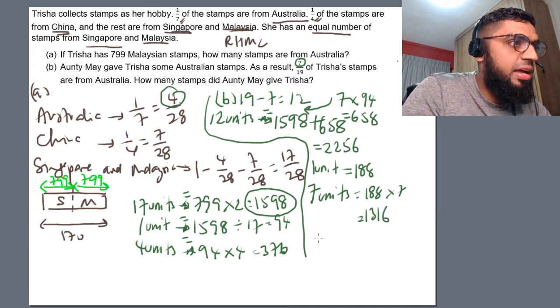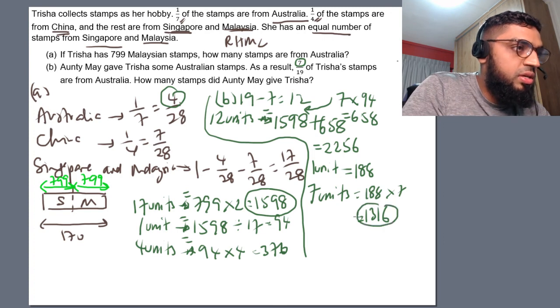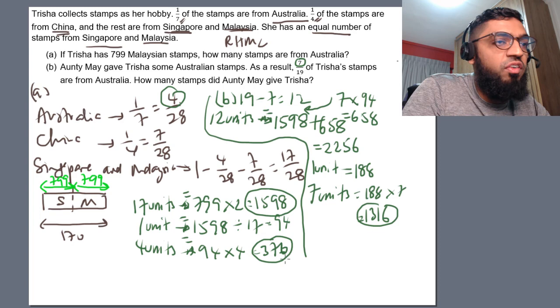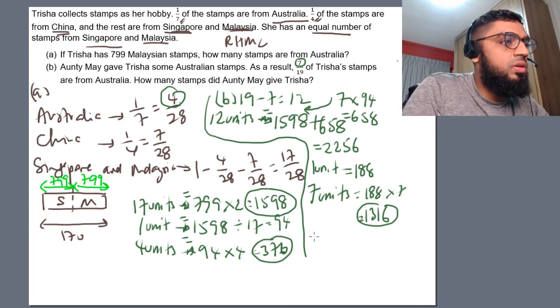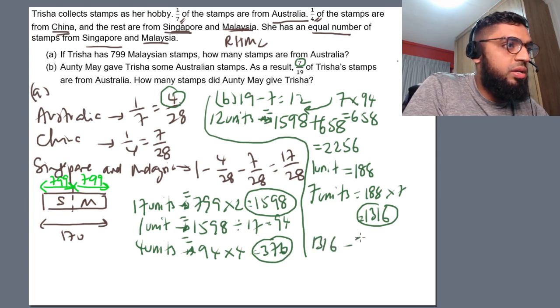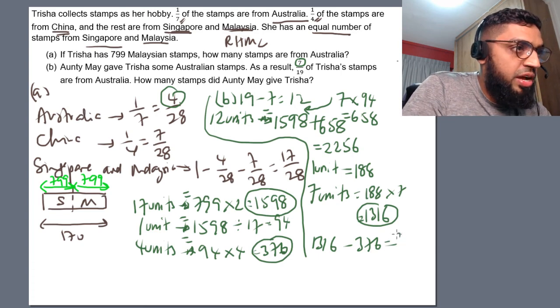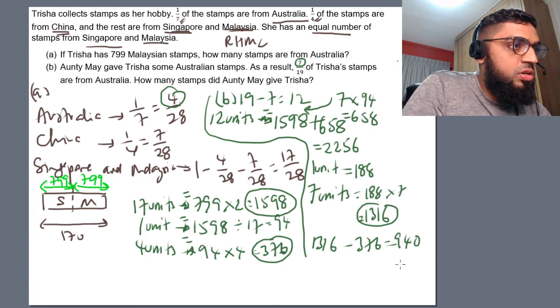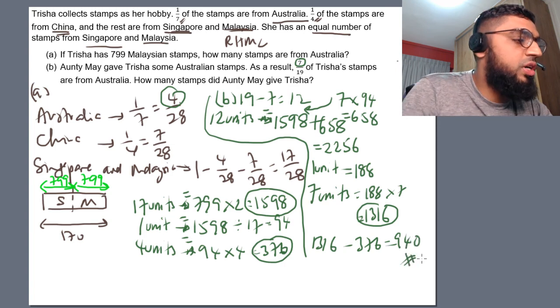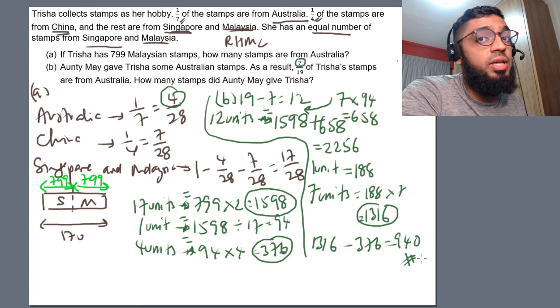Then I can take 1316 and subtract 376, which is the earlier number of Australian stamps. 1316 minus 376 gives me an answer of 940 stamps. So Auntie May gave Trisha 940 Australian stamps.